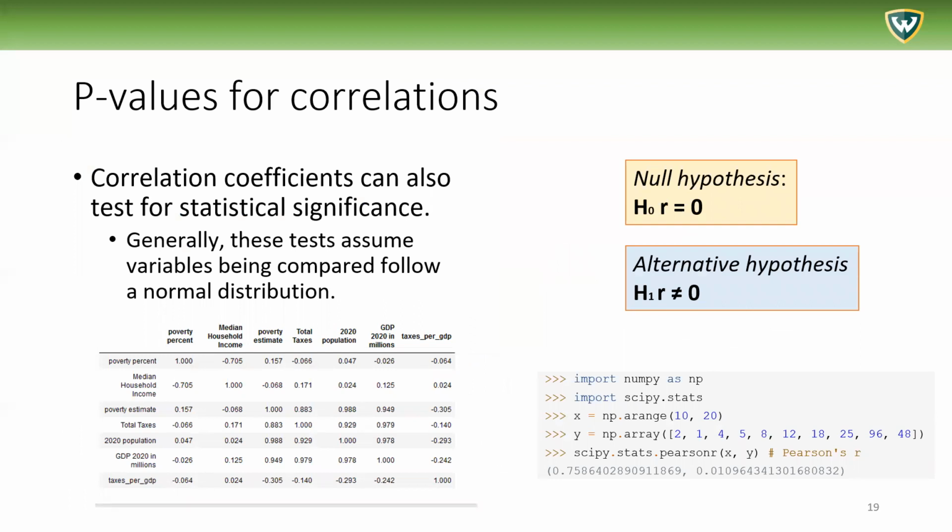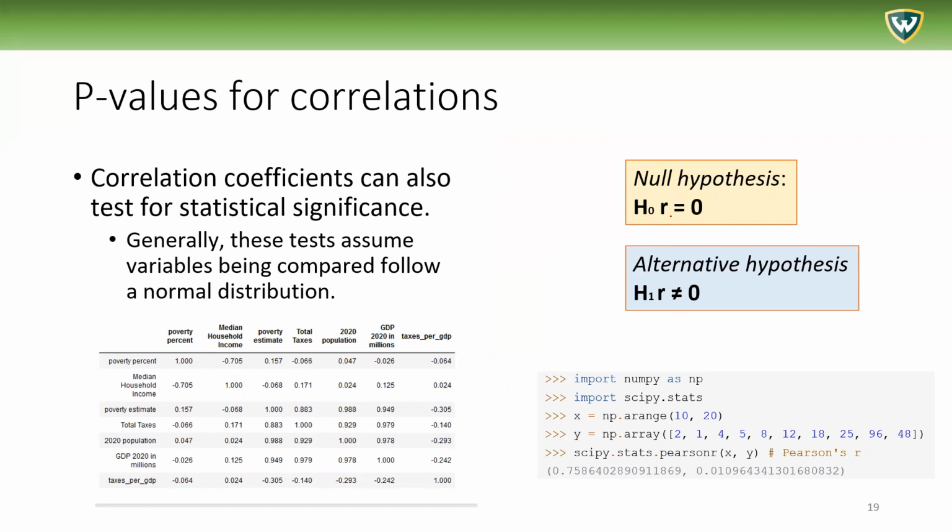So we can also do p-values and hypothesis testing for correlations, and in a sense then test for statistical significance. And the null hypothesis in this case would be that the correlation coefficient equals 0, which means no correlation.